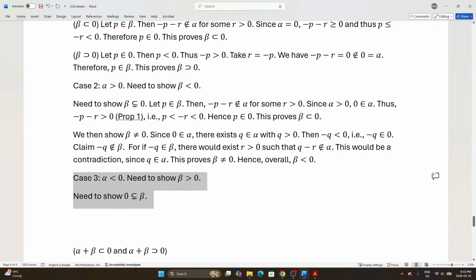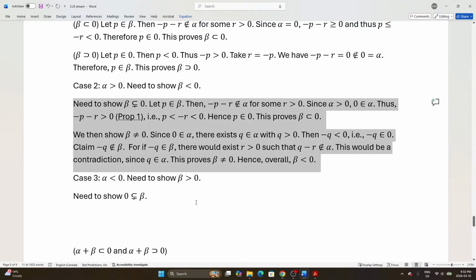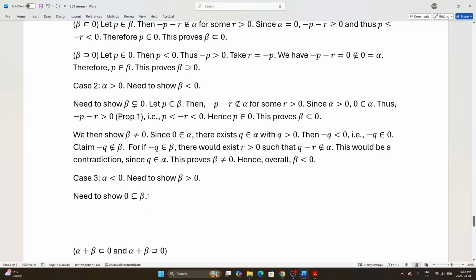So already these two proofs are not the same. You can't just say, oh, similarly, when alpha is less than zero, beta is greater than zero. It's not the same. When alpha is less than zero, we need to show that. Can we use contradiction?